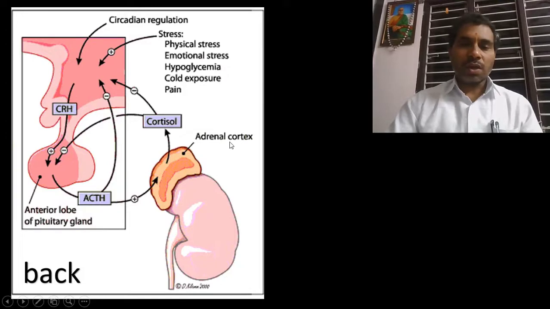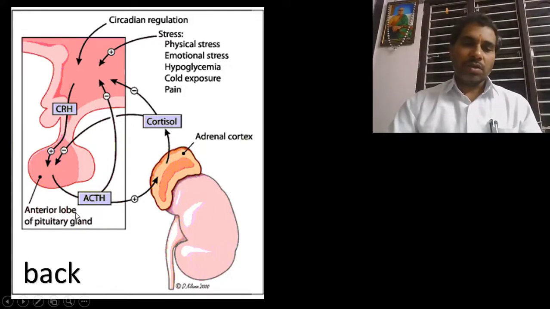The cortex region is stimulated by ACTH, and the hormone secreted is called cortisol. So the cortex region of the adrenal secretes cortisol with the stimulation of ACTH. The medulla region secretes epinephrine and norepinephrine.